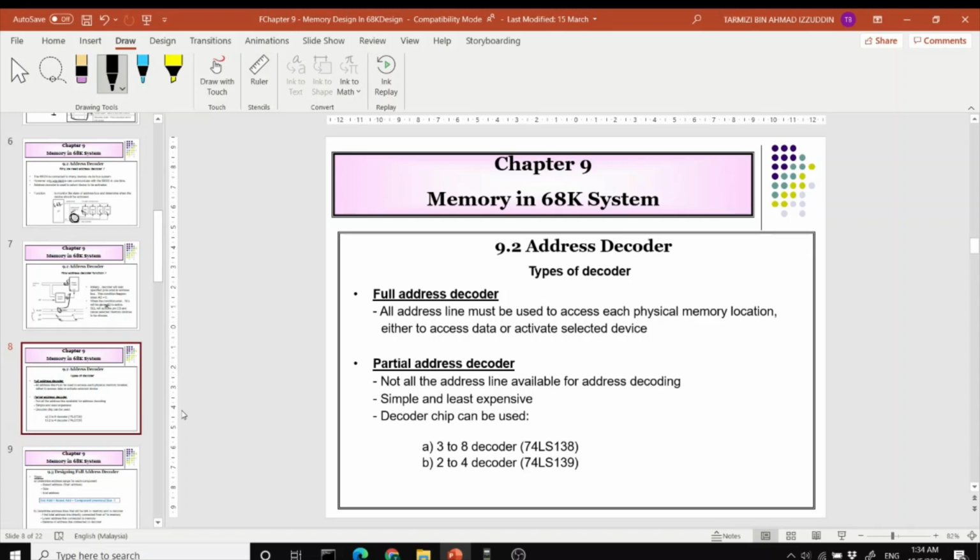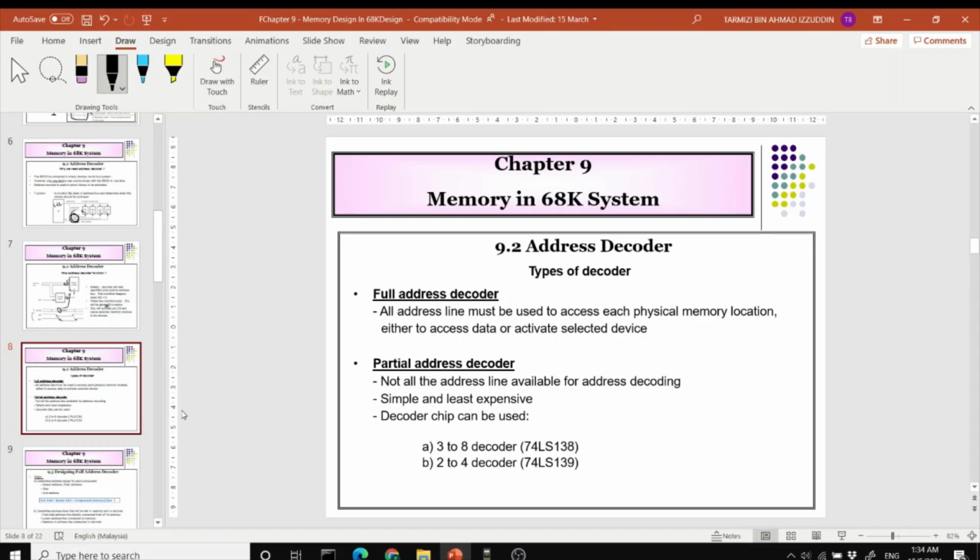You will look at the difference in detail. For now, for a full address decoder, you use all of the address lines to select the peripheral device to be connected to your 68K, whereas in a partial address decoder you don't need to use all of the address lines.